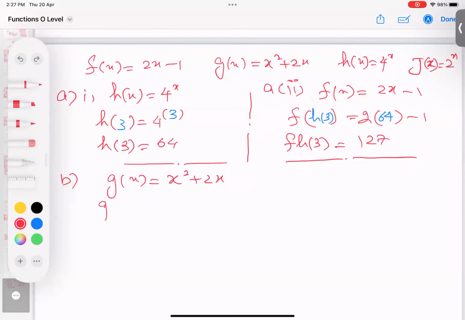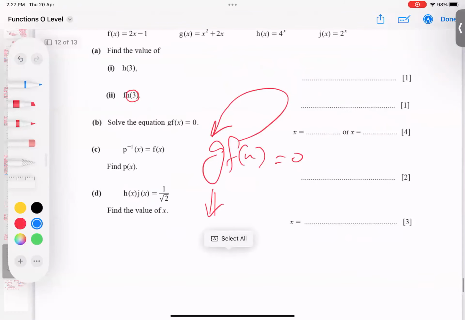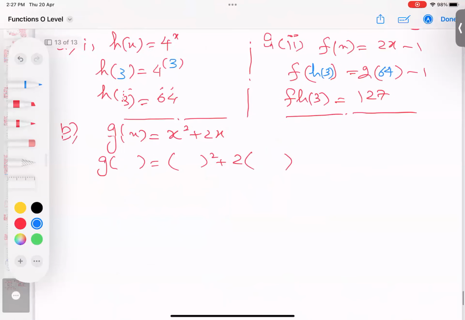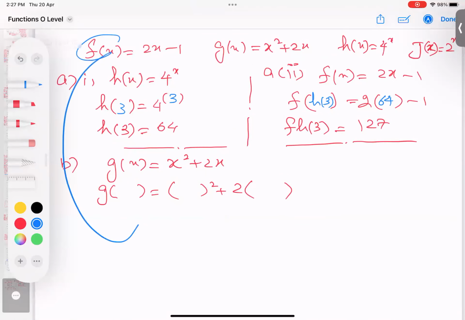Then how many empty spaces on the left side and right side? How many x's, leave empty spaces. Now, what is the function I'm going to put? f of x. So the name I will put on the left side and the value on the right side, 2x minus 1. So this will come here and this will come in two places.